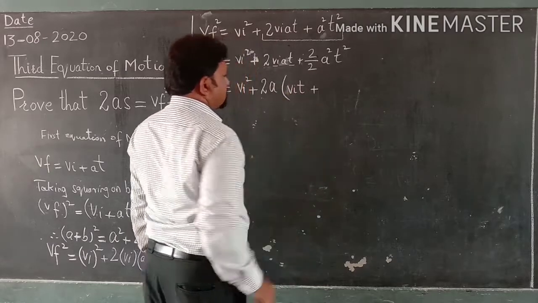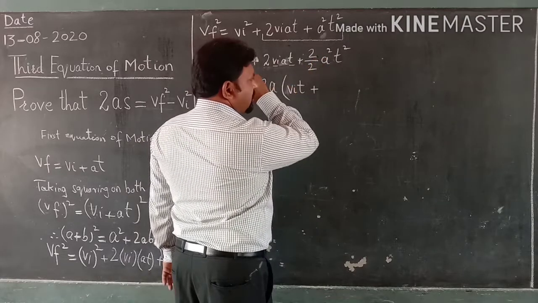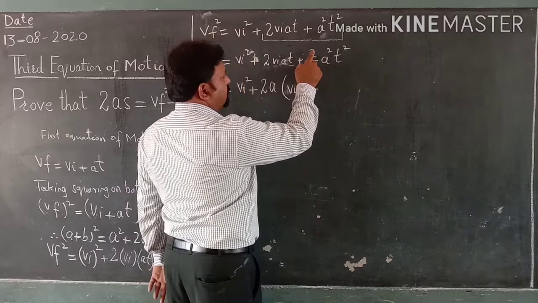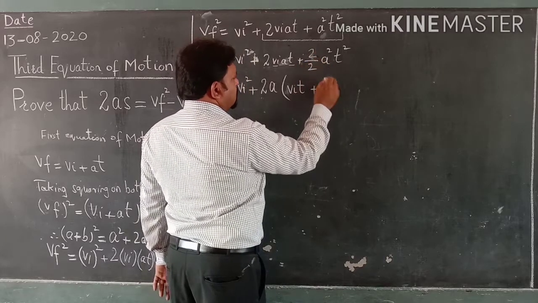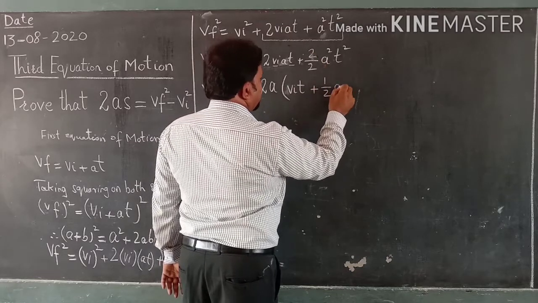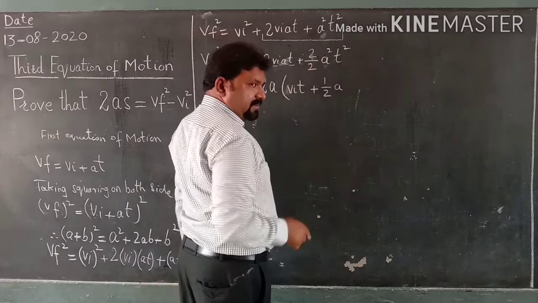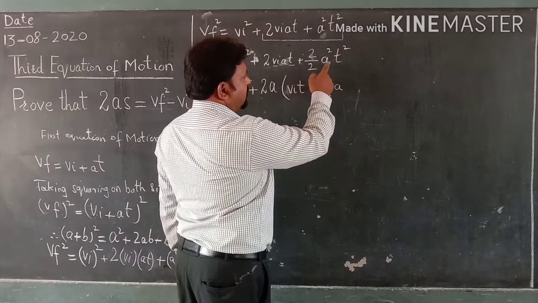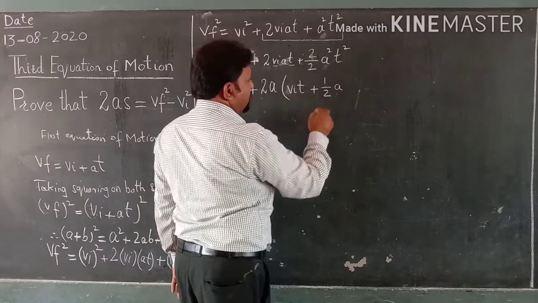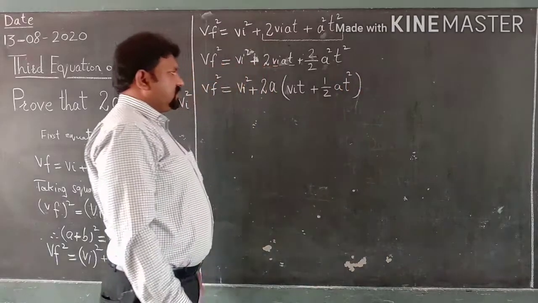Plus sign, and now we will take the common from this one. When we take common 2a, or we can write it 1 upon 2 a, actually here is a square, so the remaining variable will be a. t square, bracket close.